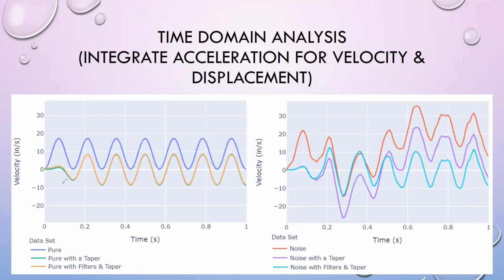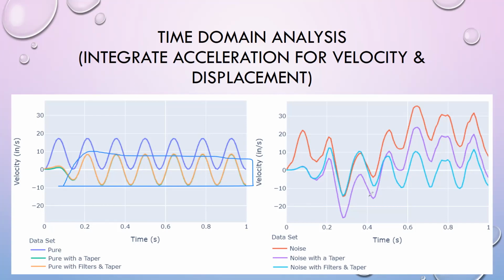Here, for the green and orange signals, you can see in this area. If you compare with the exact value for the sinusoidal signal, by using the taper and filter, we can achieve the exact value for the velocity and displacement as well.